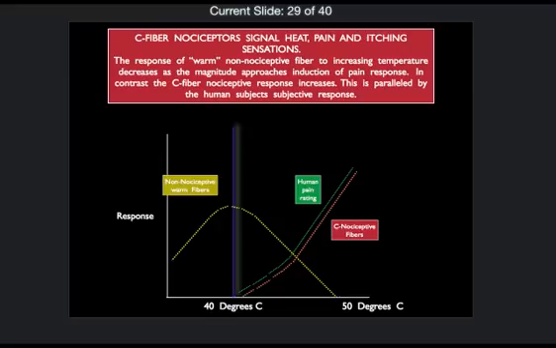Now, C fibers signal heat, pain, and itching. The only thing I will say about itching is that pain fibers may actually inhibit a pain production from itching. They say that it is rare to have itching and extreme pain at the same time.